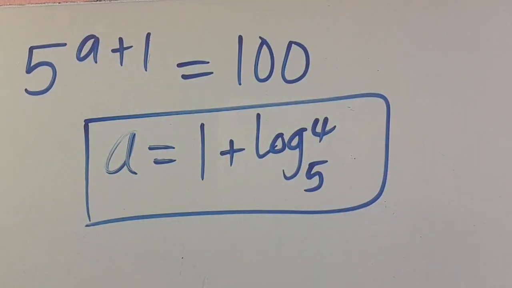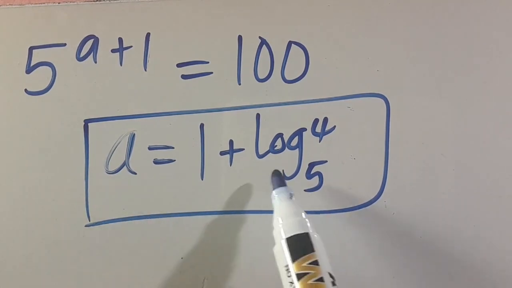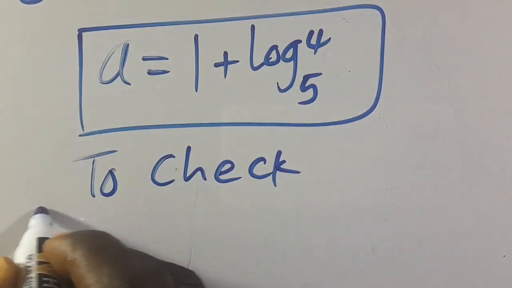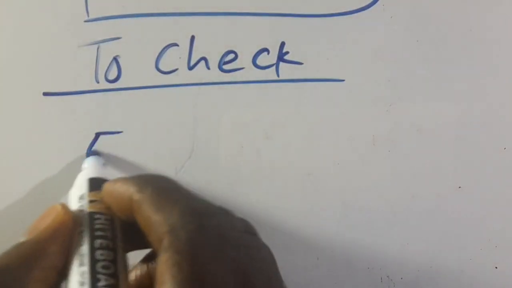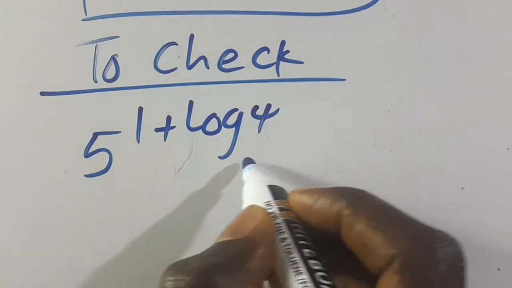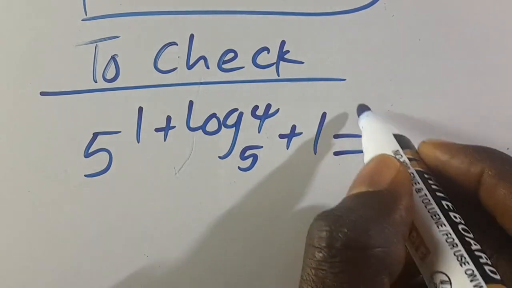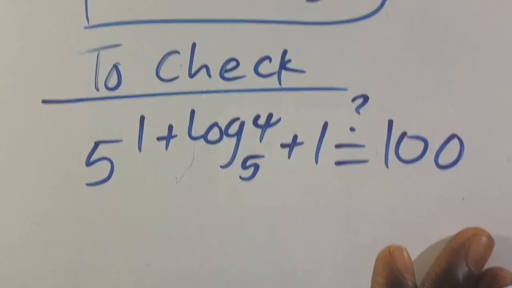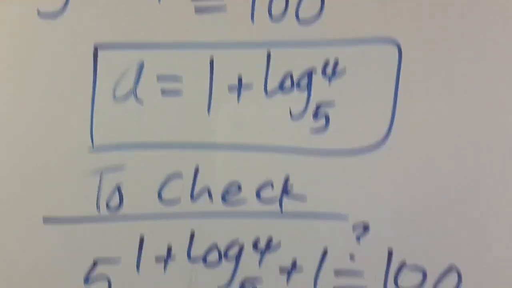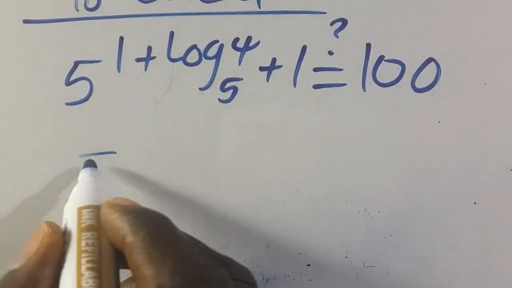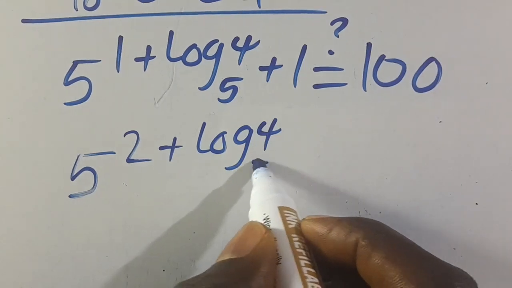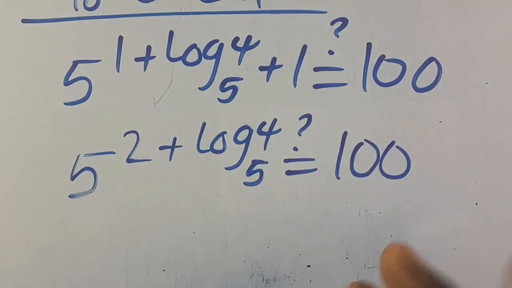Now to check, we are going to have 5 to the power of a plus 1, with a equals 1 plus log 4 in base 5, and is it going to give us 100? So we are going to have 5 to the power of 1 plus 1, which is 2, plus log 4 in base 5, and is it going to give us 100?